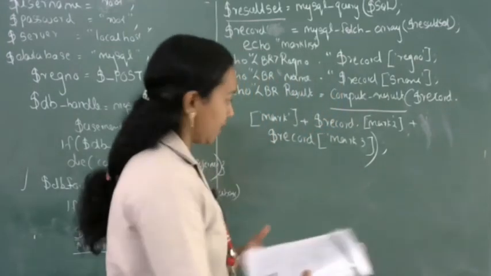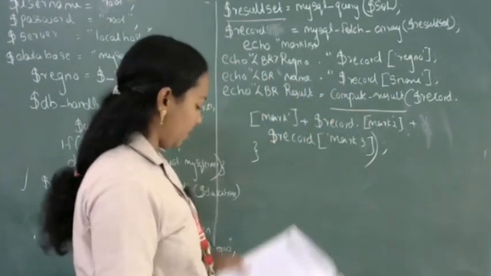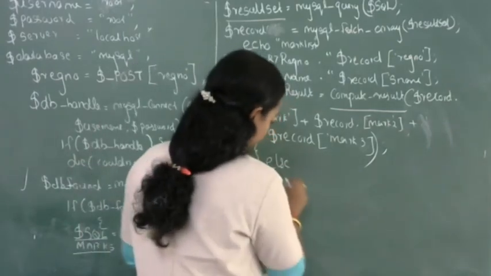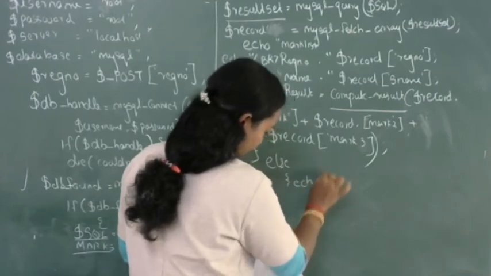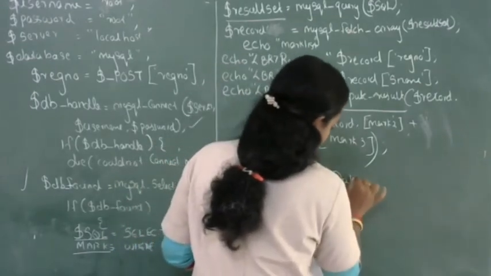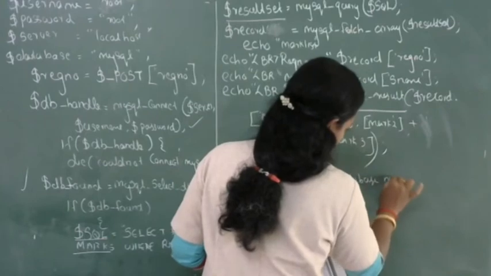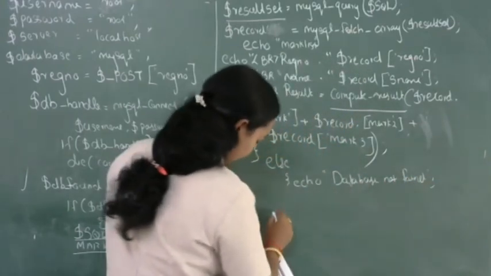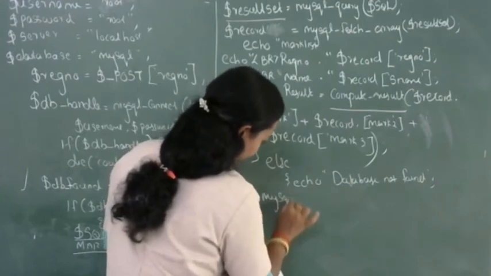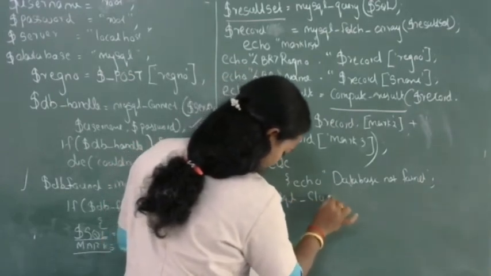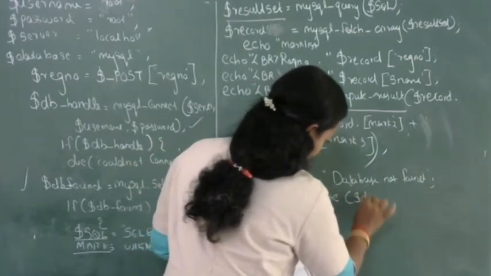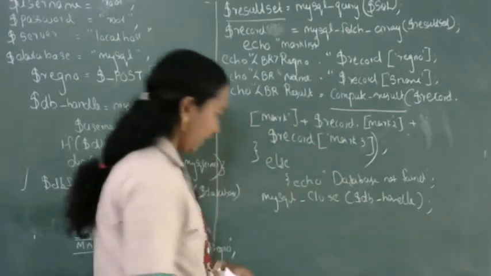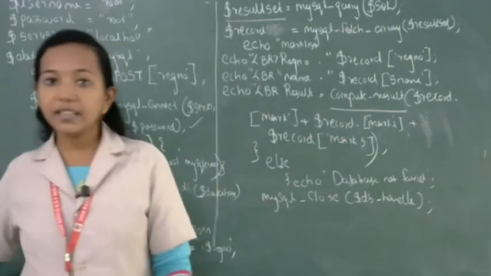Close the bracket, then the else statement: echo database not found, semicolon, then mysql_close of $DB handle. By this we are completing the program.